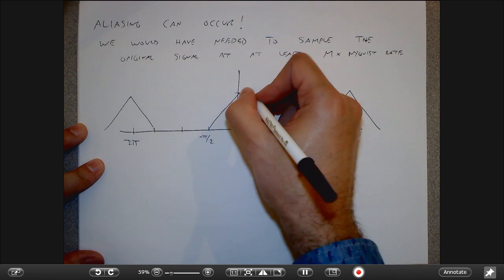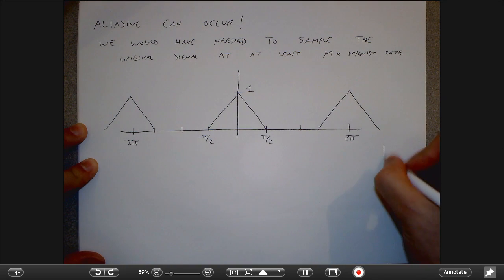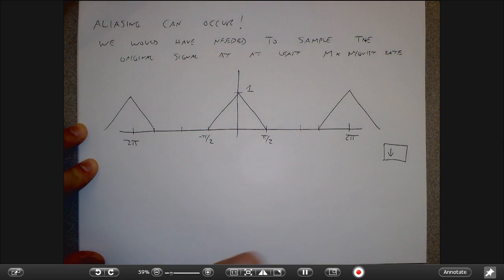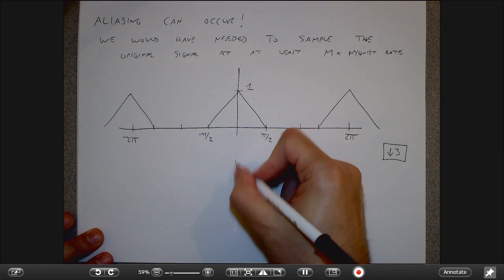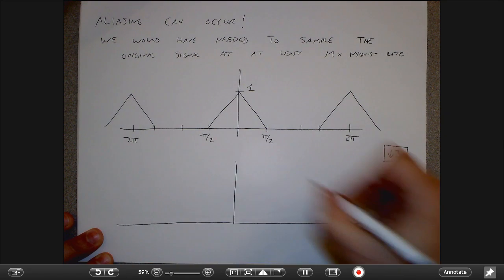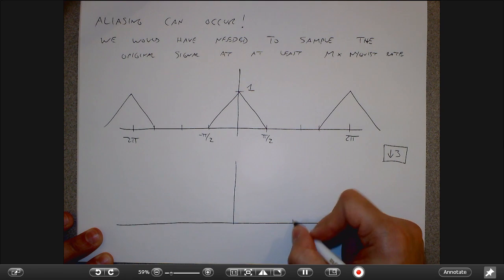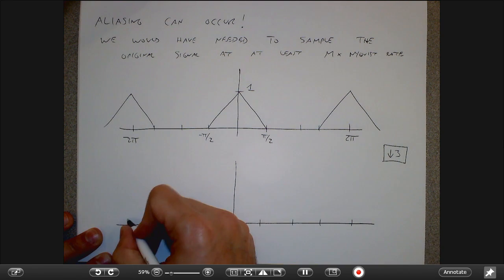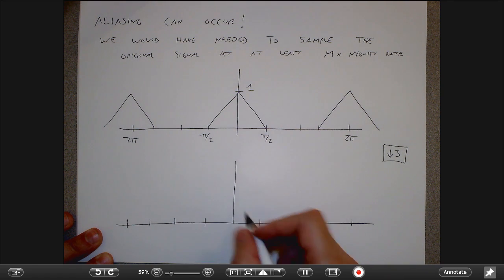What happens if I downsample this by a factor of 3? Well, what that says is that these triangles are going to shrink down by a factor of 3 and spread out by a factor of 3, right? So pi over 2 is going to become 3 pi over 2, and what used to be 1 on the y-axis becomes a third.